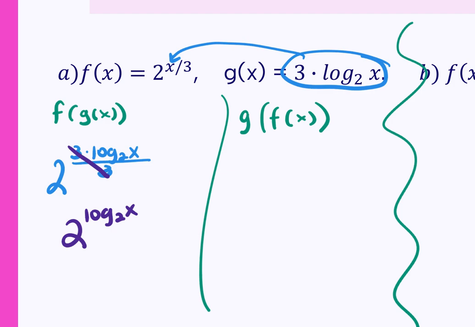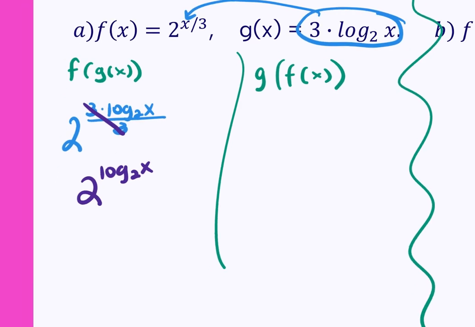And when the base in your exponential function is the same as the base on the log in its exponent, they cancel out, and what's left in that log would be your answer. So if the base on the exponential function is being raised to a log that has the same base, we cancel it out.